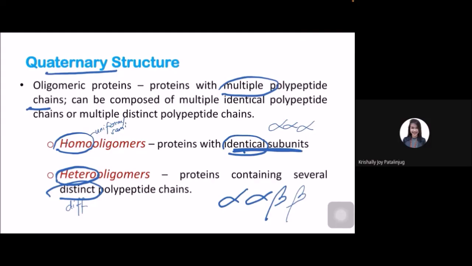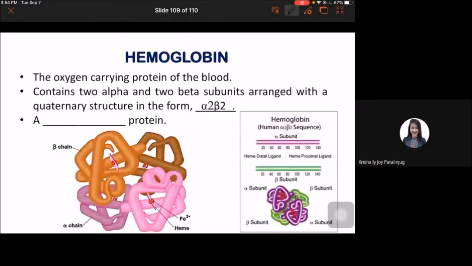So ito yung sabi ko kanina, hemoglobin is the most common protein with a quaternary structure. Hemoglobin is actually the oxygen carrier protein ng blood. Kaya po kulay pula yung blood. That is actually because of hemoglobin. So kumusta yung polypeptide chain niya?